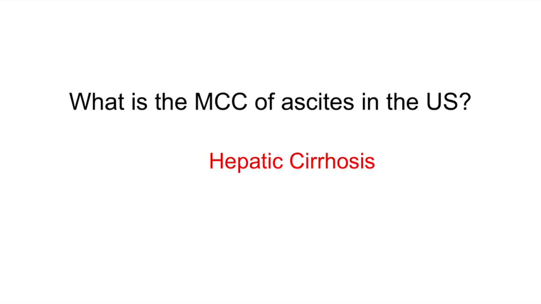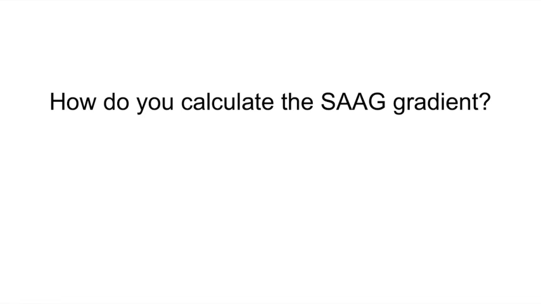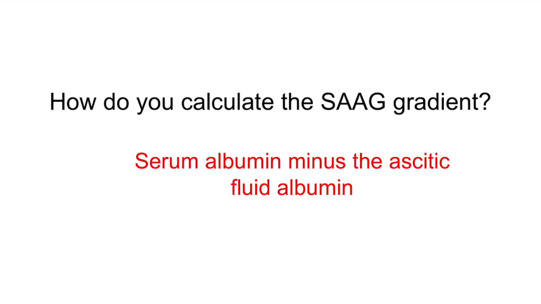How do you calculate the SAAG gradient? Serum albumin minus the ascitic fluid albumin. It's very important that you know for the gradient we are subtracting and we are not dividing.